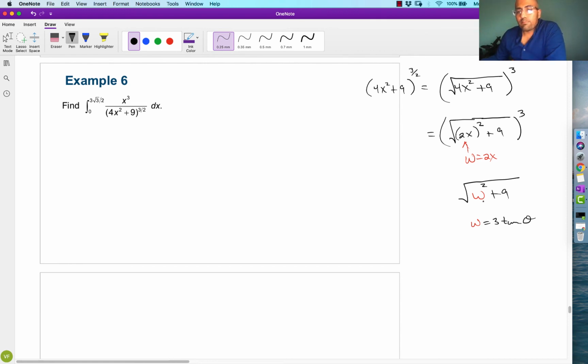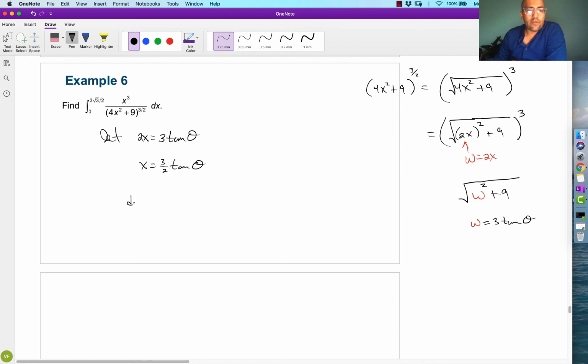So instead of a simple w, though, we have a 2x. So that's what we're going to do. That's our suggestion for this guy over here. We're going to let 2x equal 3 tangent of theta, which means that x equals 3 over 2 tangent of theta.